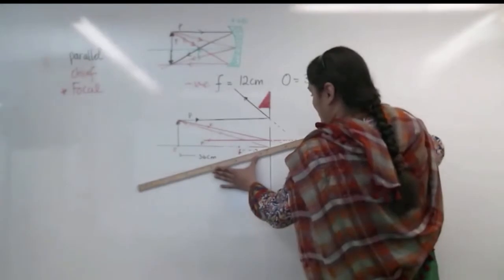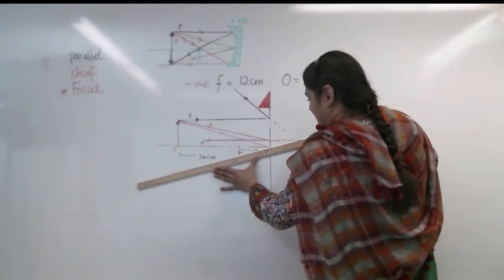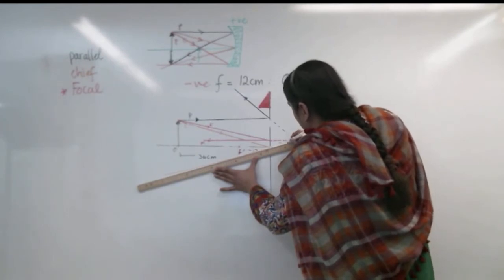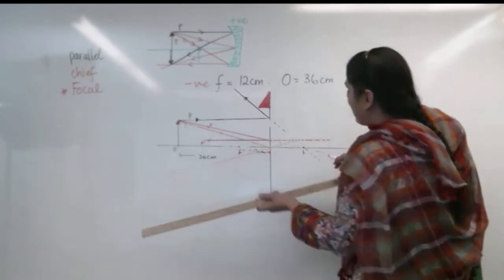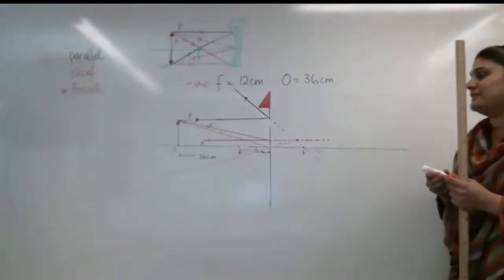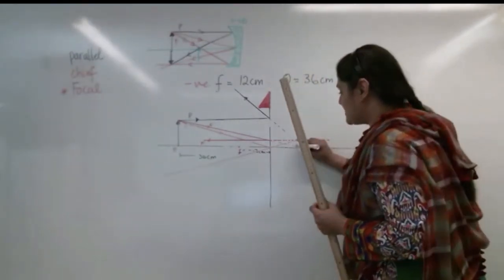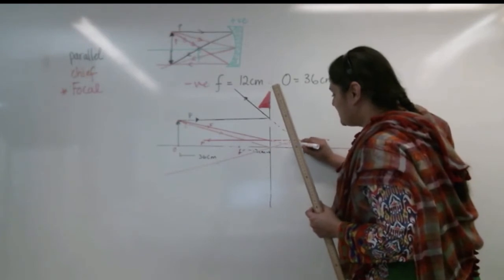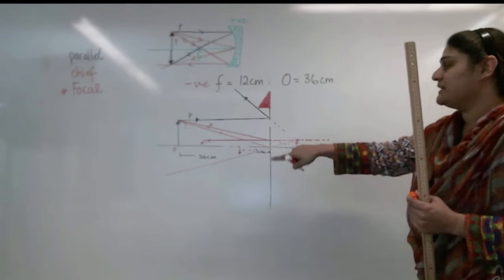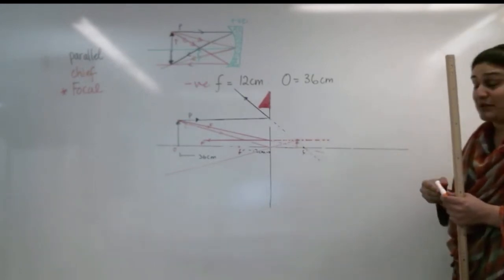And the answer is hopefully, hopefully, hopefully, yes, it will. Okay, here we go. There you go. Right here. That's where all of the rays meet up. And this is where the image is going to be formed. It is upright. It is virtual. It's behind the mirror as we expect it to be.